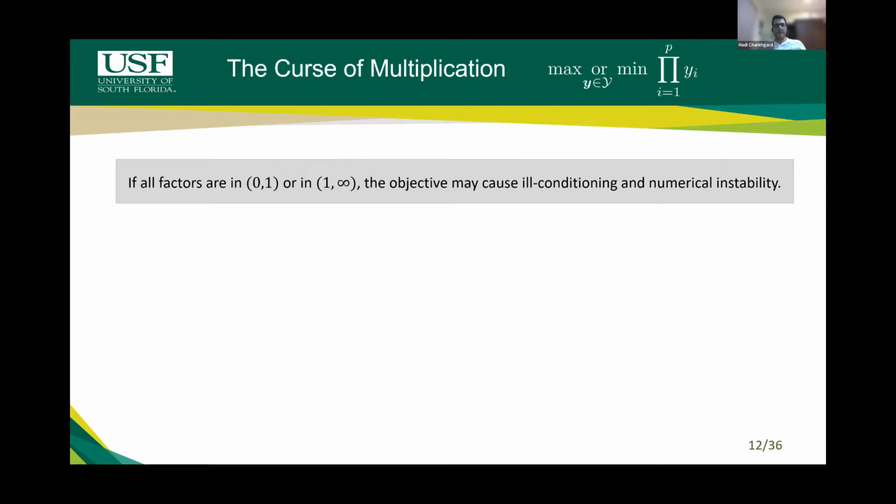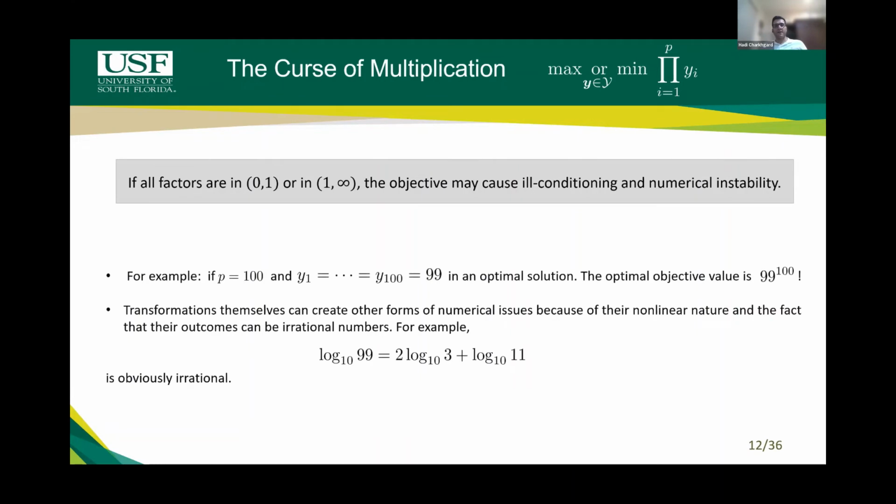For example, if the y_i values or the factors are in the domain of 0 to 1 or 1 to infinity, then these numerical issues can arise quickly when P is large.